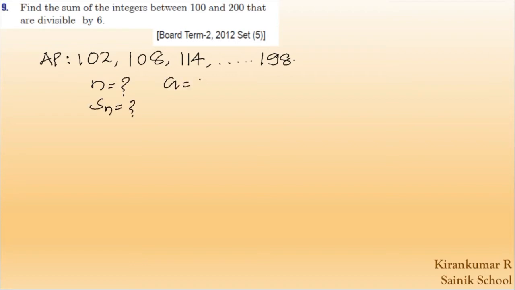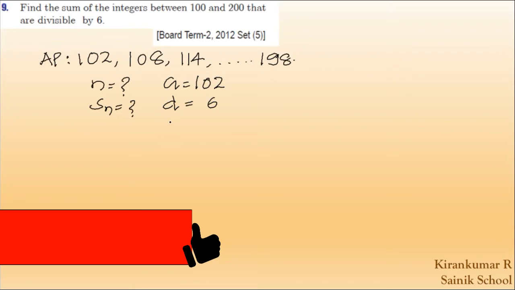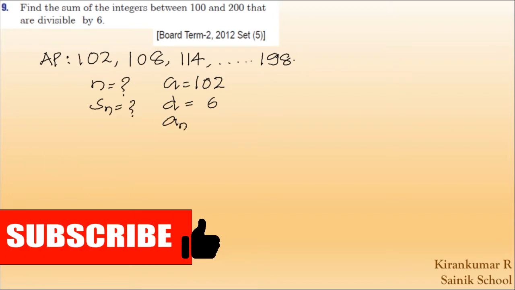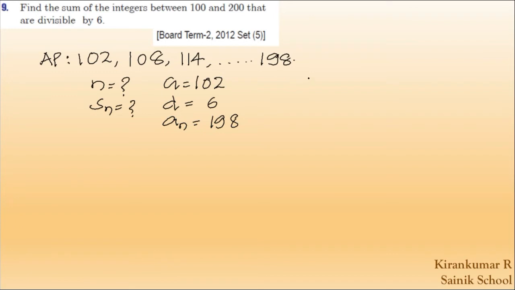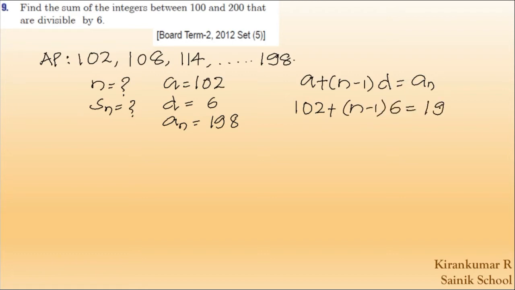In this sequence, we have the first term as 102, the common difference is 6, and the nth term is 198. Let us use an = a + (n - 1)d. 198 is equal to 102 plus (n - 1) multiplied by 6.